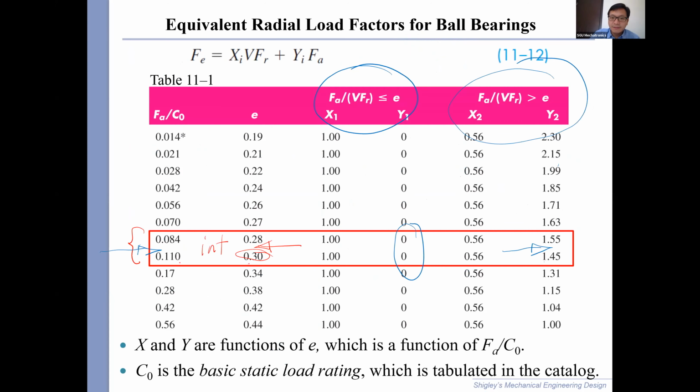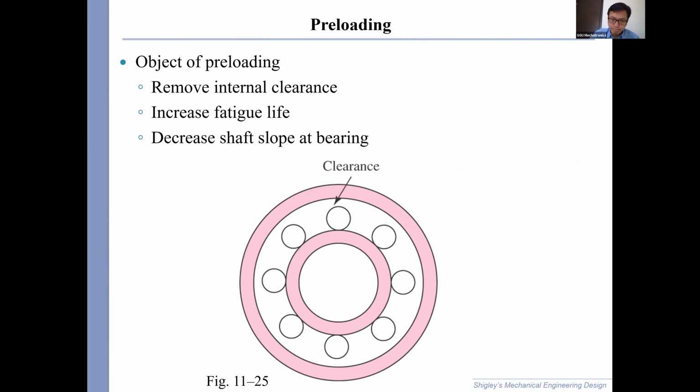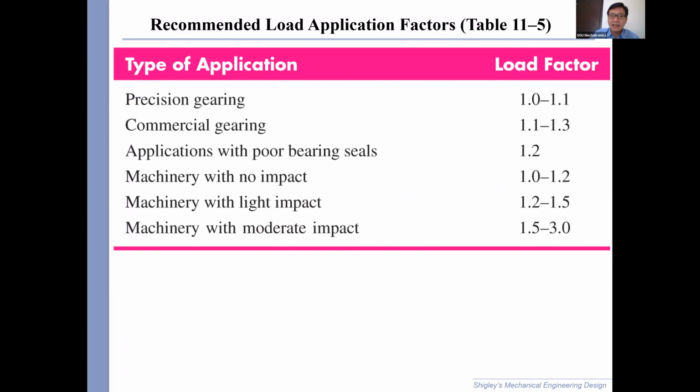No questions. All right. We discussed some of these already. Here is a table of load application factors. So these are the load factors. You see the determining factor is precision gearing, commercial gearing.